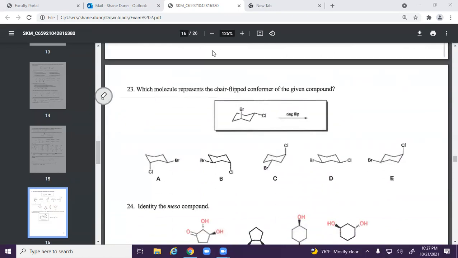Okay, 23 is much easier. So bromine is axial or equatorial? Axial. Chlorine is equatorial. Ring flip it, and you would have bromine as equatorial.